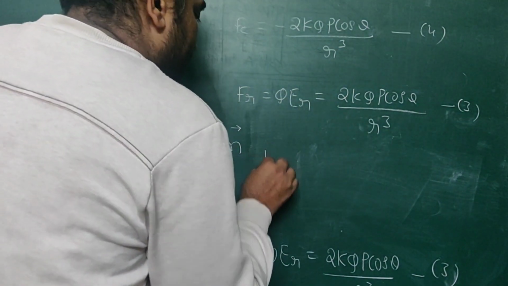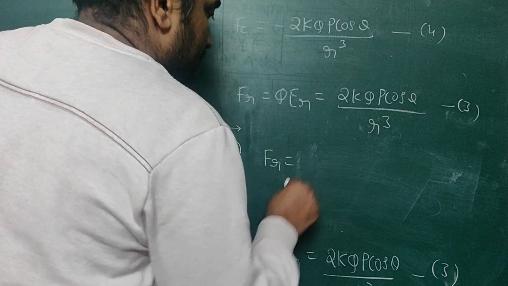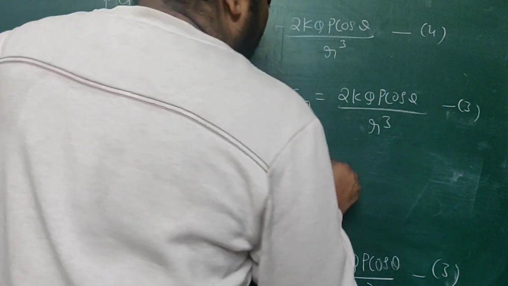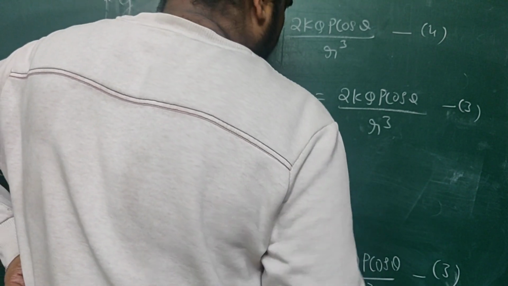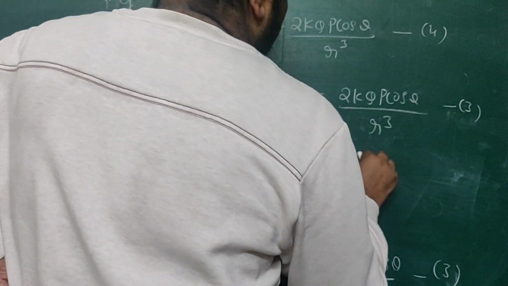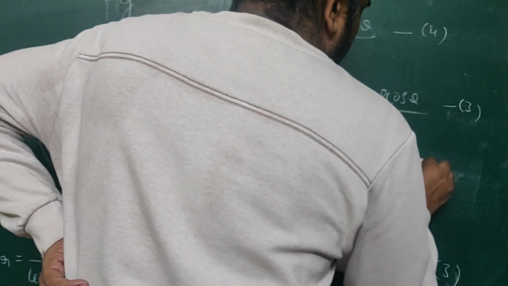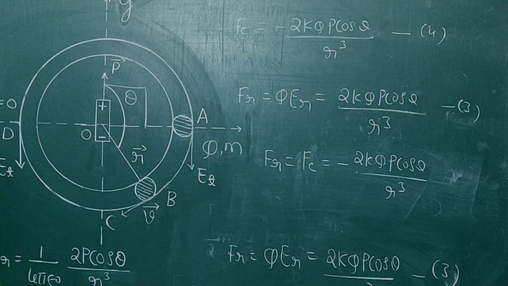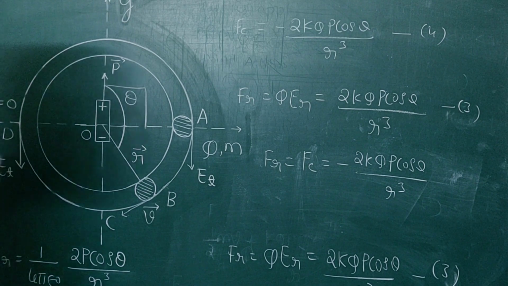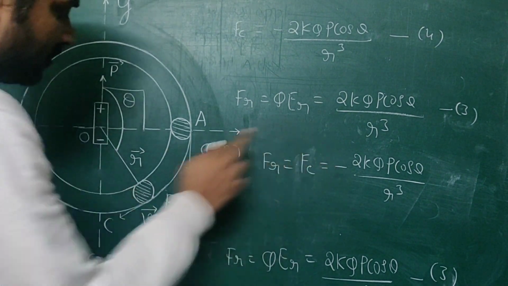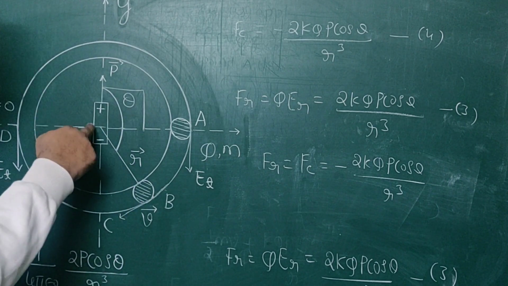Therefore, the radial force acting on the bead is equal to the centripetal force, which is given by minus 2kqp cos theta by r cube. Here the negative sign indicates that the force acting on the bead due to the dipole is attractive.